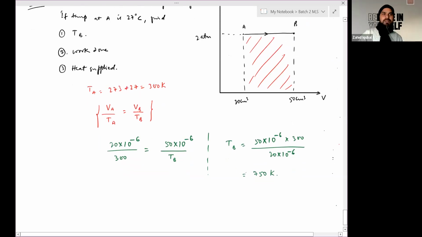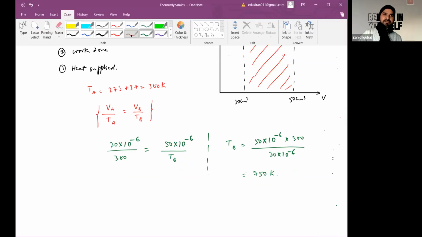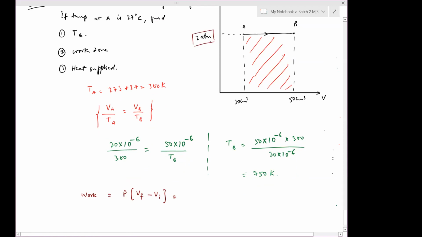Okay. Next, we have to calculate work done. Work done is the area under the graph. So work equals pressure times volume final minus volume initial. Akifa, just tell me the value of pressure related to this process. How much is it given in the question? 2 atm.